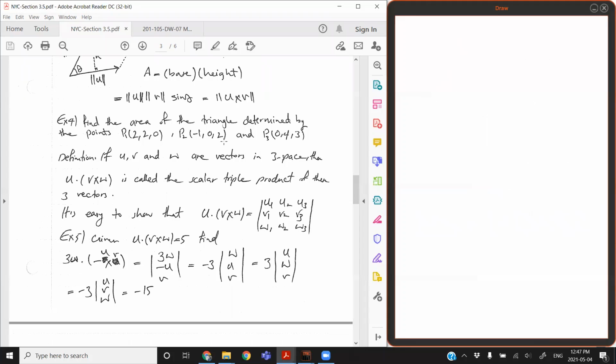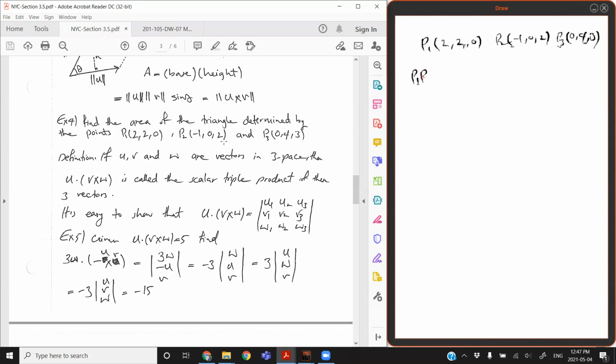Okay, so P1 is the point (2, 2, 0). P2 is the point (-1, 0, 2). And P3 is the point (0, 4, 3).